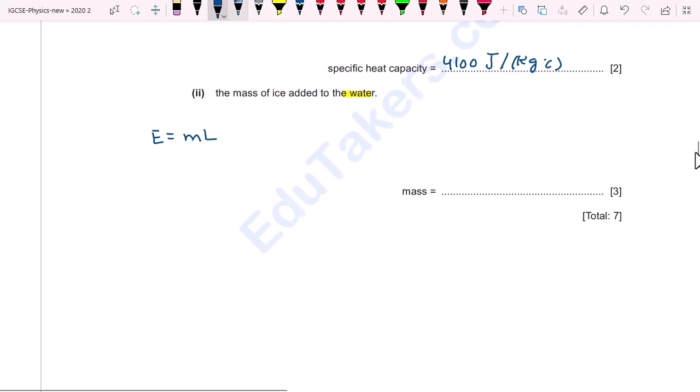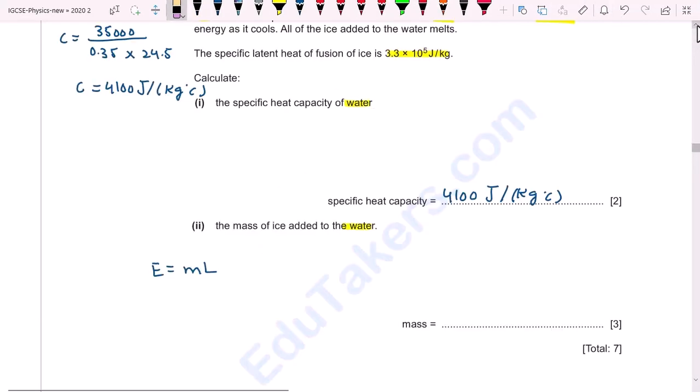We are given the latent heat of fusion in the question, and you can see from here the latent heat of fusion of ice is 3.3 into 10 to the power 5. We use this value and we have to calculate the mass.